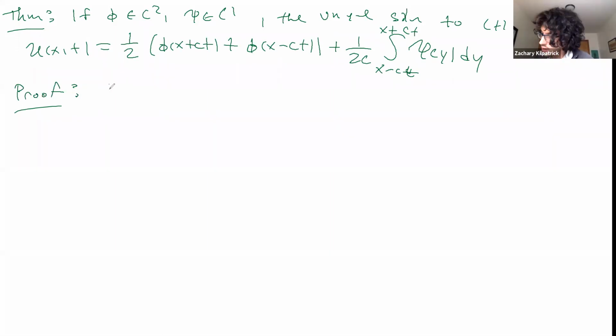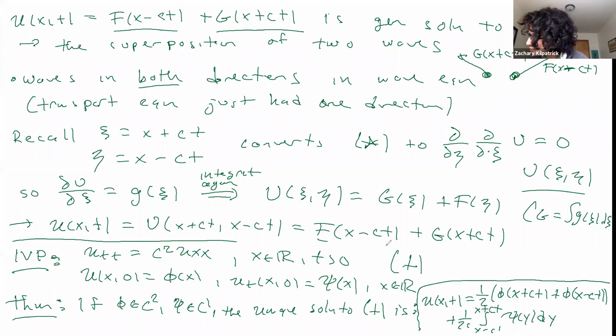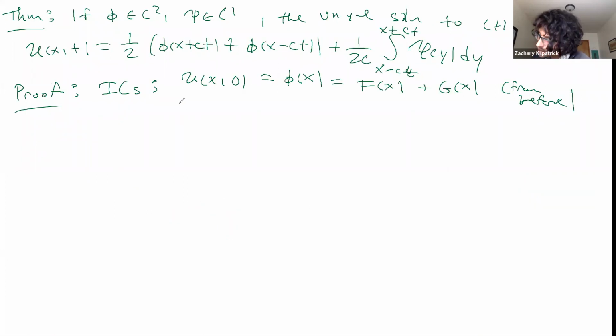So first of all, our initial conditions, okay? u of x, 0 is equal to phi of x, okay? That should be equal to, right, f of x plus g of x, basically from before, okay? Remember our expression for the solution from before, okay? u sub t of x, 0 is equal to psi of x.